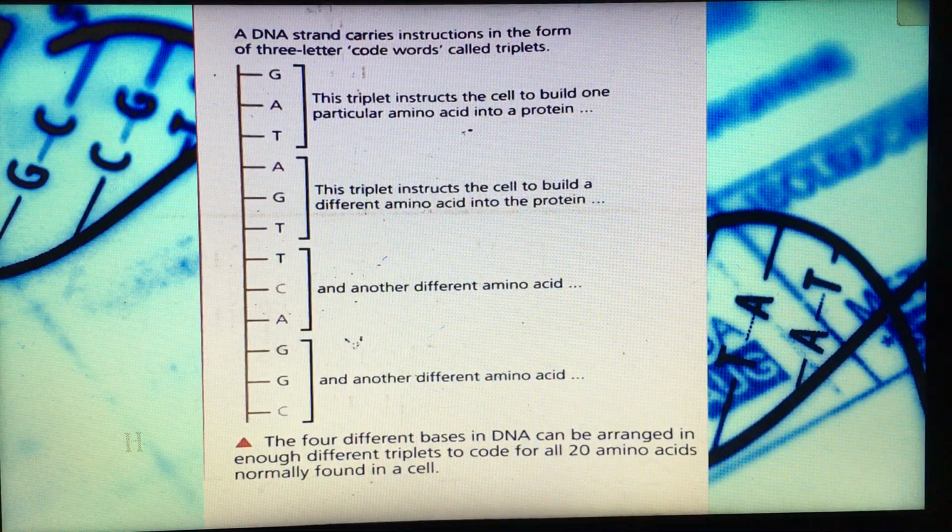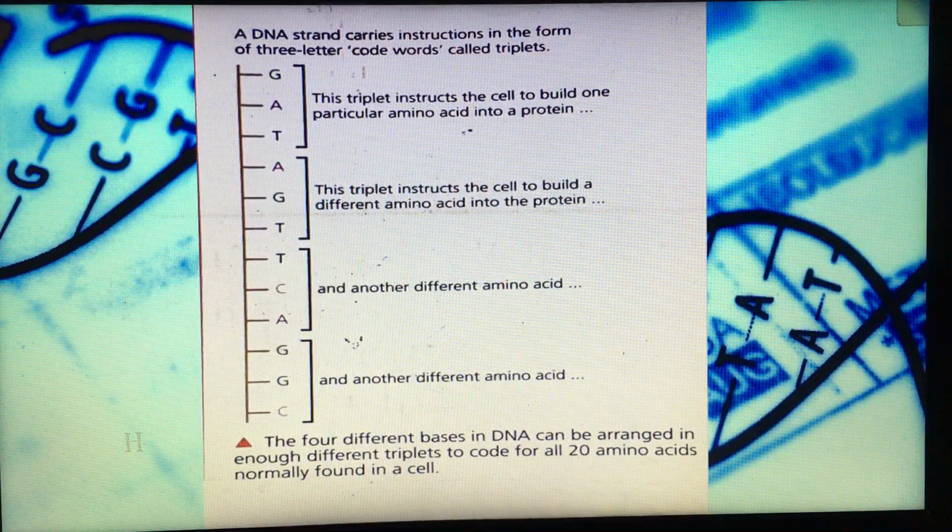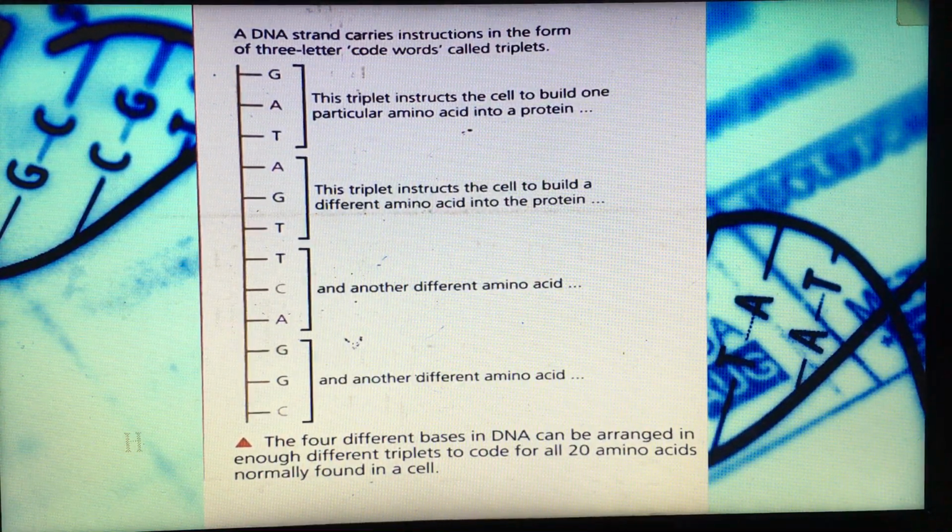So then it turns into a protein inside the ribosome. And also we have another 3 letters, another amino acid, another and another. So we have 4 code words. Okay. So you have to know that each 3 letters or each code word is called a triplet.